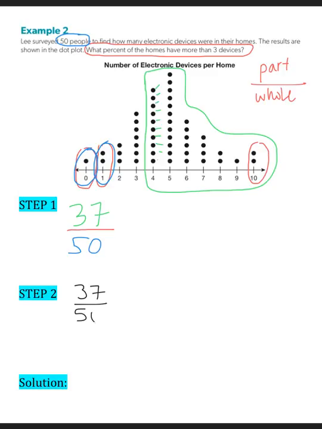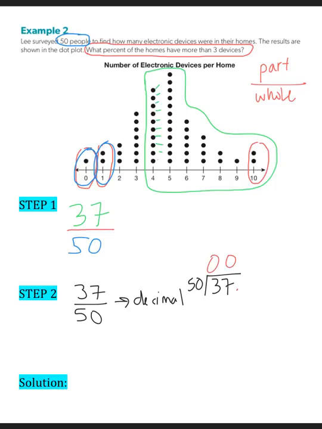Now we can do this one of 2 ways. A lot of you guys know how to convert fractions into percents by converting to a decimal, which means that we would divide, top dog goes in the house, 37 divided by 50. Well, 50 can't go into 3, can't go into 7.